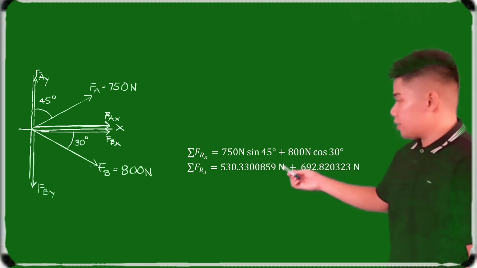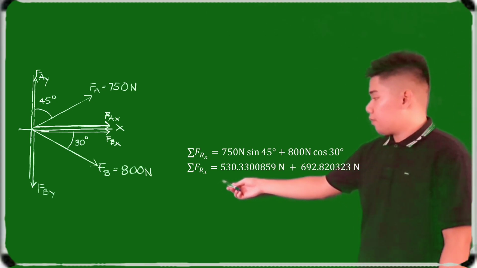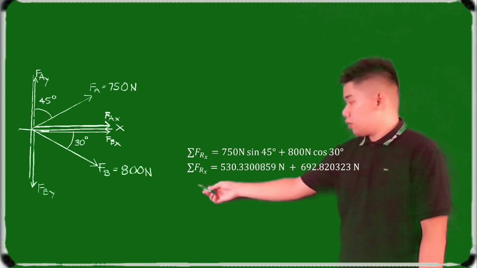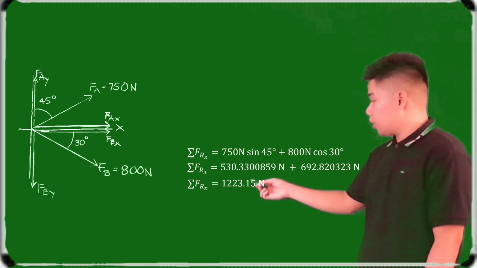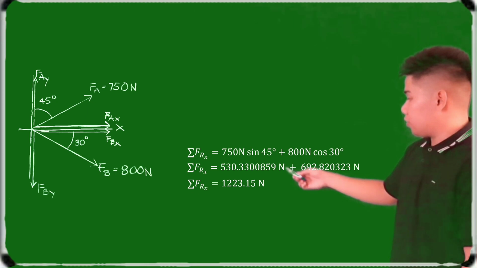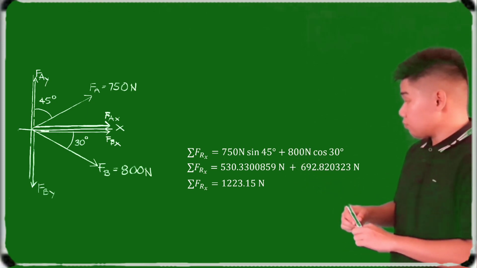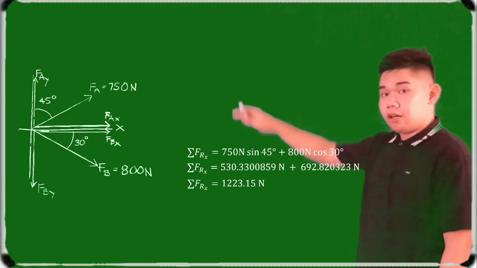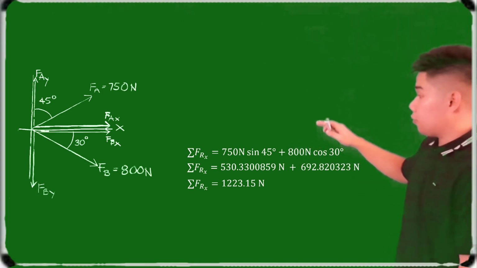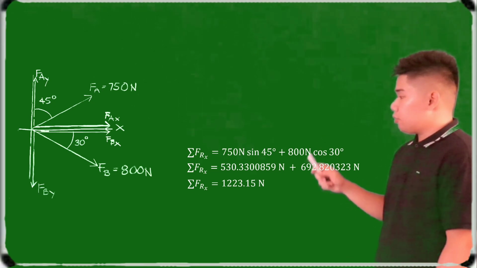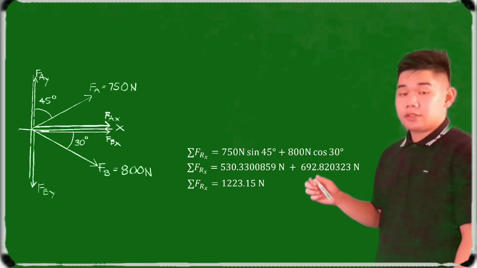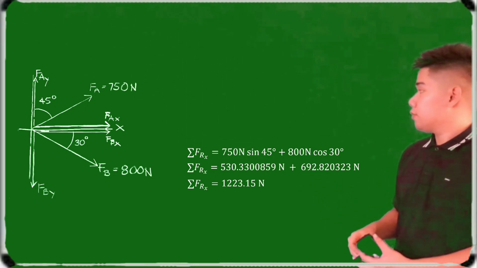Then we add these two, and our summation of forces of X equals 1223.15 Newton. So we already have our forces of X. Next will be our forces of Y.